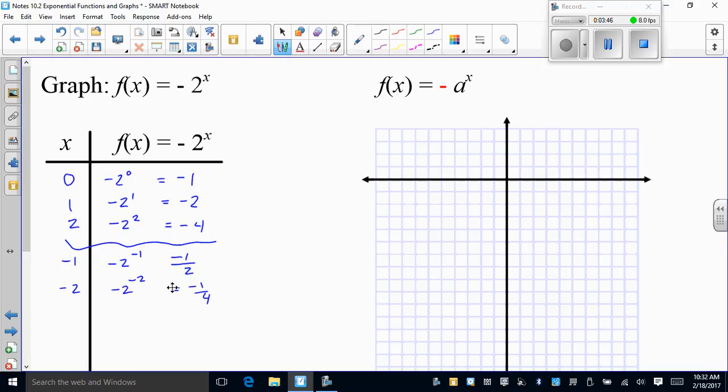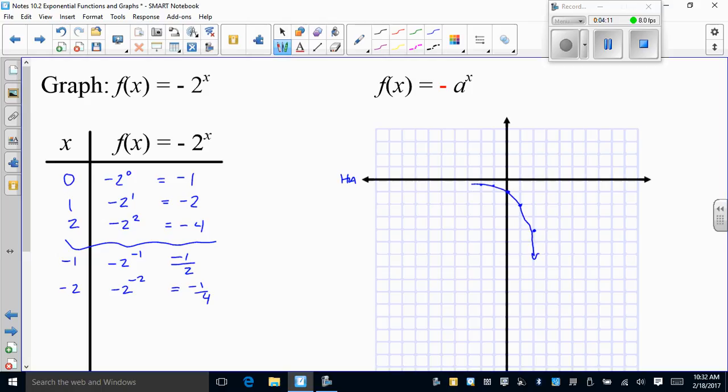So 0, negative 1, 1, negative 2, 2, negative 4, and going this way, there's our half and so forth. Again, horizontal asymptote, and our graph continues that way.